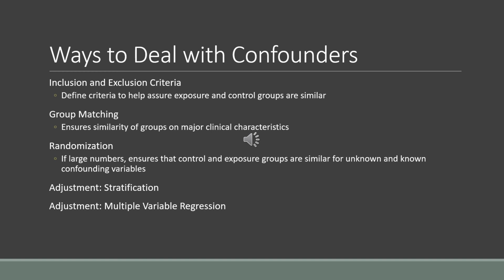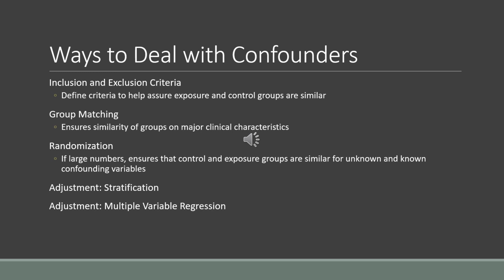You can use group matching. So if you say, I want such and such percent of patients in this group to have ibuprofen in addition to aspirin, so then I will try to get 15% of patients in my placebo group to also be on Motrin. Or you can use randomization.